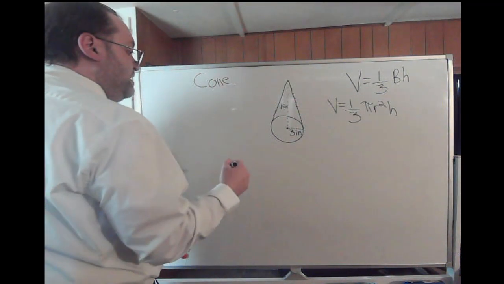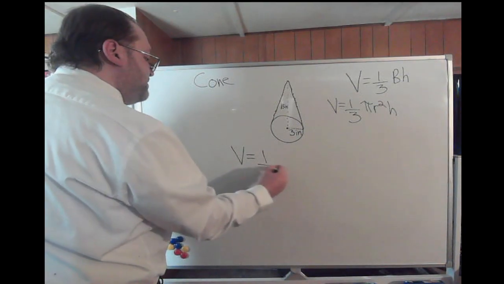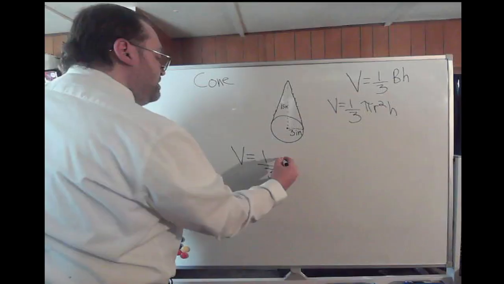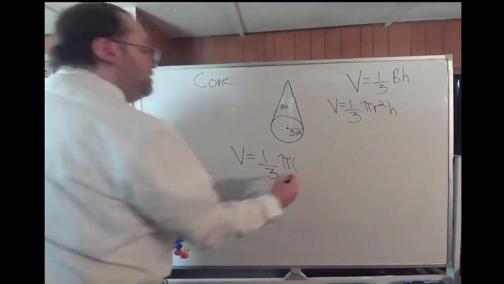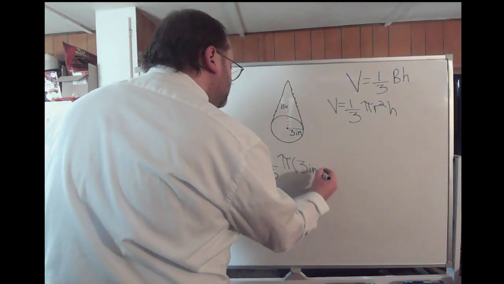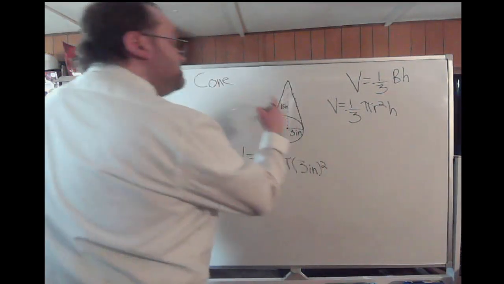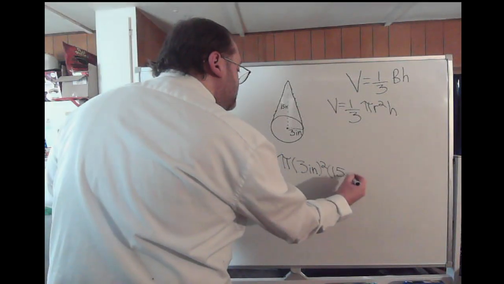So to find the volume of this cone, you're going to have, of course, 1/3 times pi times the radius squared, which will be 3 inches to the second power, times the height, which we determined to be 15 inches.